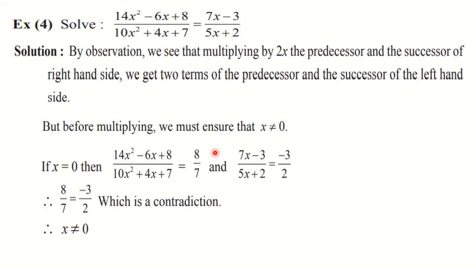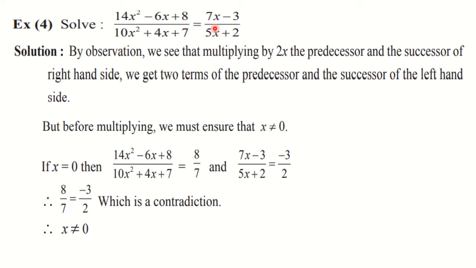So when we put x is equal to 0, we get 8 upon 7 on the left hand side, and minus 3 upon 2 on the right. These are not equal, it's a contradiction. So we can say that x is not equal to 0.